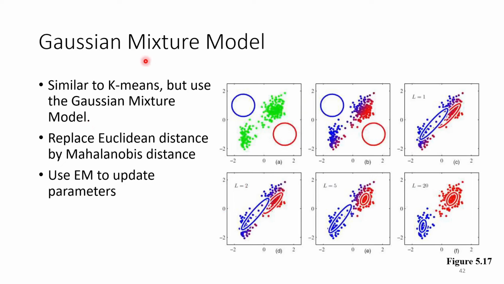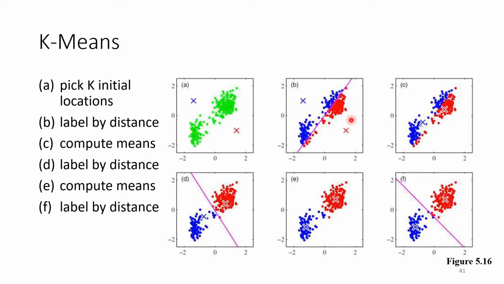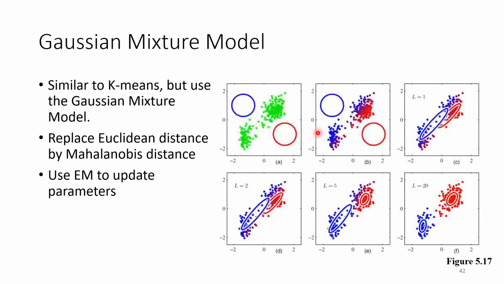But in a Gaussian mixture model, we replace the Euclidean distance by the Mahalanobis distance. And we update the means, just compute the average. It's very straightforward. But here we use the EM.